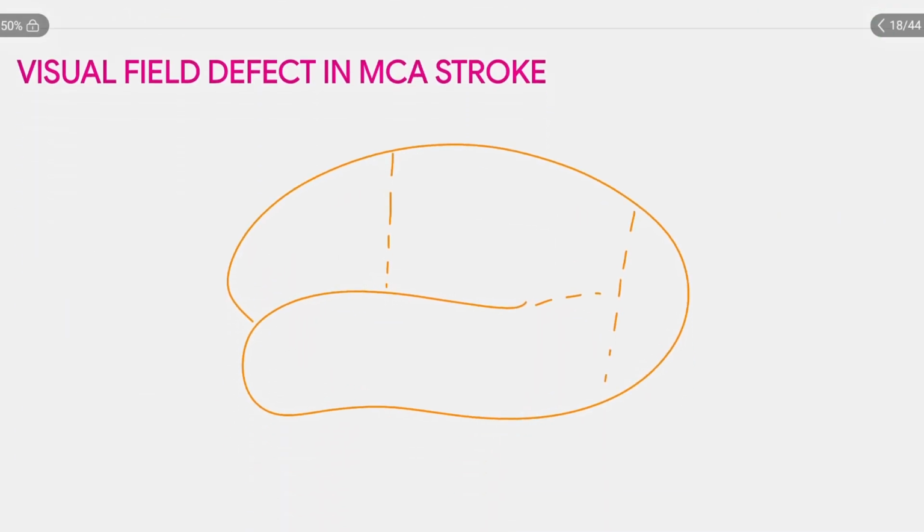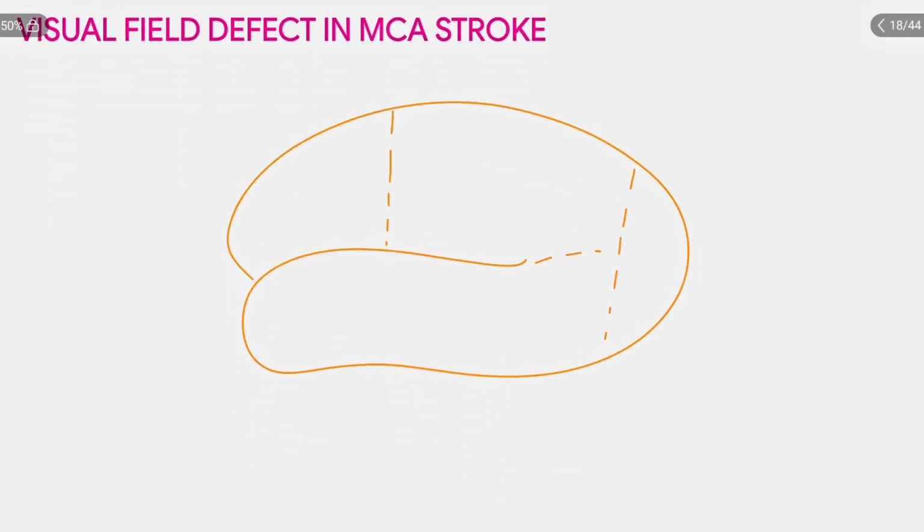Now moving on, the visual field defect in MCA stroke is interesting. Now we need to understand a few things. This is the brain. This would be the frontal lobe. This would be the parietal lobe. This would be the occipital lobe.